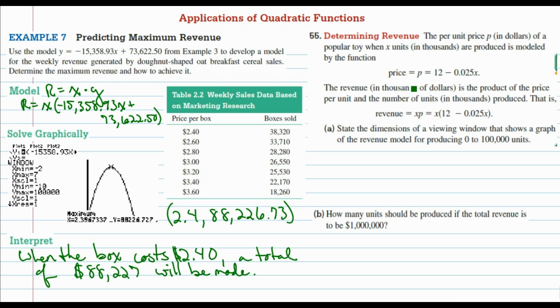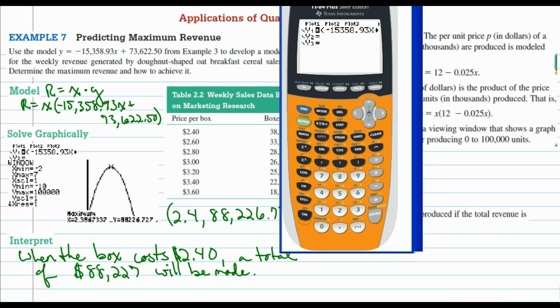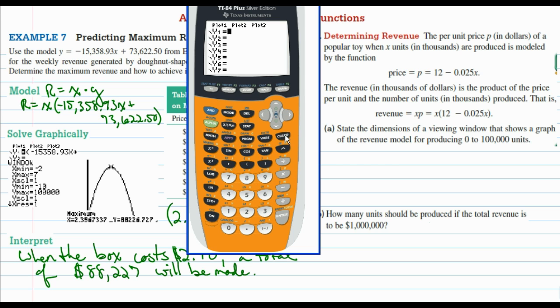The revenue in thousands of dollars is the product of the price per unit and the number of units. So we have a total formula of x times 12 minus 0.025x, and we need to state the dimensions of the viewing window that shows a graph of the revenue model for producing 0 to 100,000 units. So my first step is to put that function in y1: x parentheses 12 minus 0.025x, close parentheses.